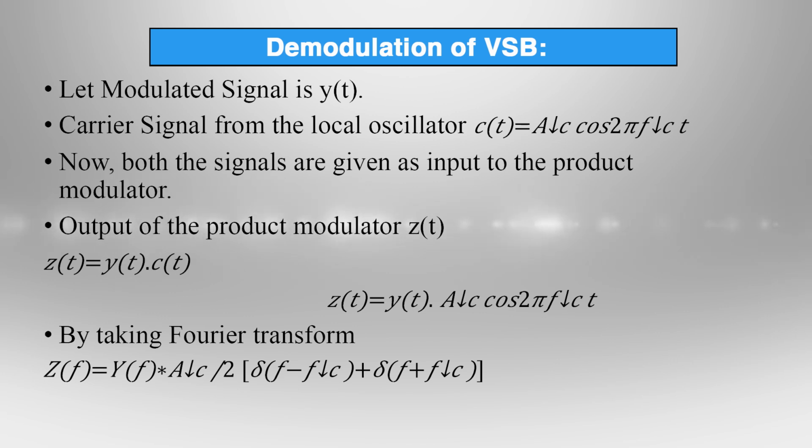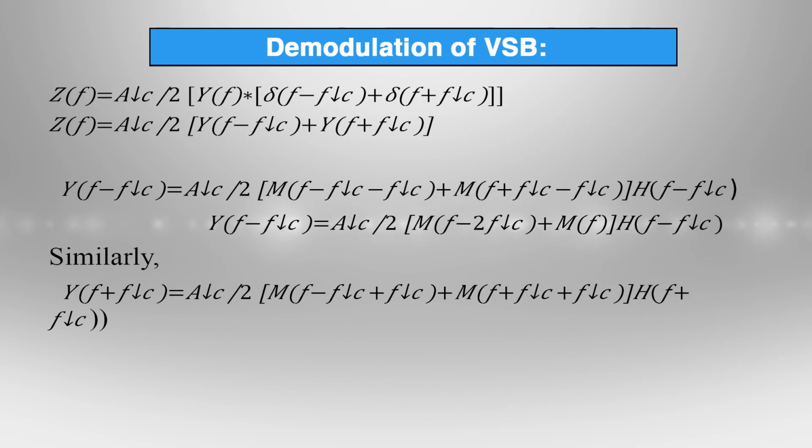Or it can be written as Z(f) equal to Ac/2 times the convolution of Y(f) and [δ(f − fc) + δ(f + fc)]. Or Z(f) equal to Ac/2 times [Y(f − fc) + Y(f + fc)].